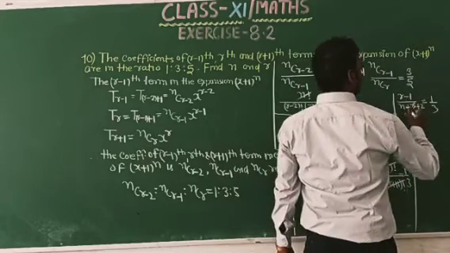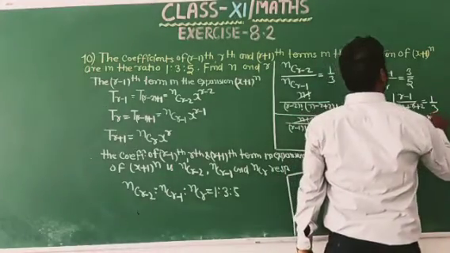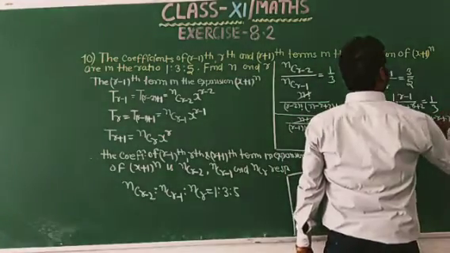Now cross multiply. So this becomes 3r minus 3 equal to n minus r plus 2.